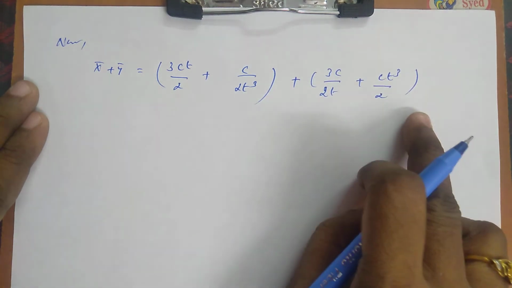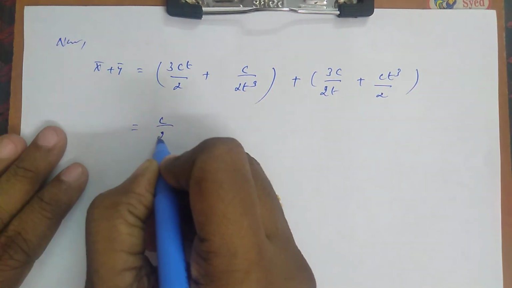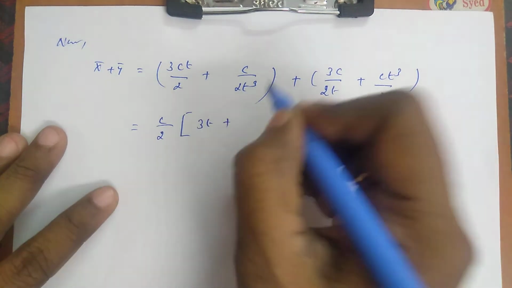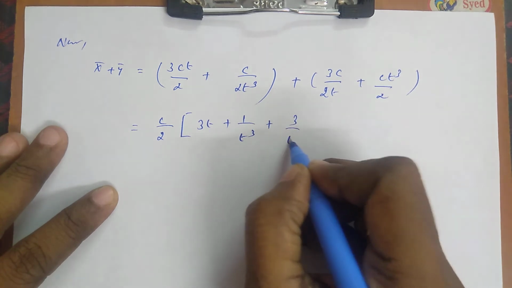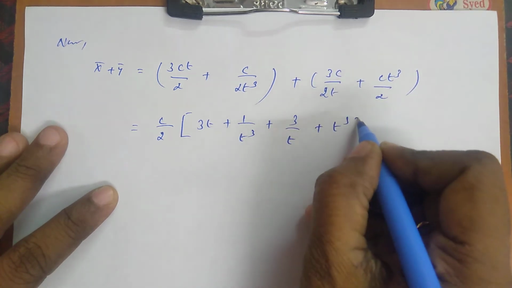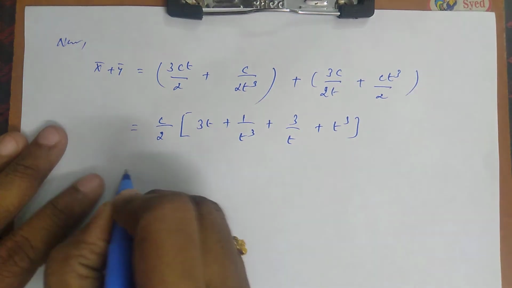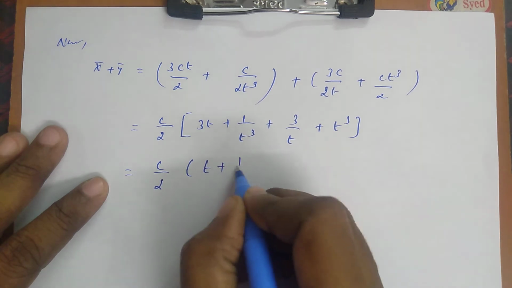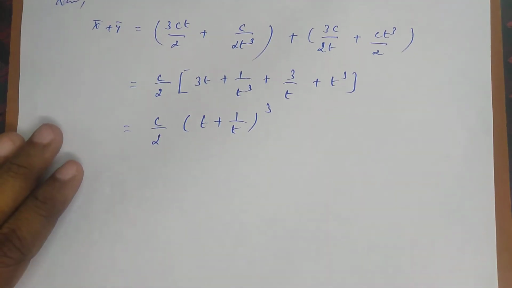So in all the terms we can take c by 2 commonly outside and write the remaining: 3t plus 1 by t cube plus 3 by t plus t cube. This is nothing but a plus b the whole cube. So that is c by 2 into t plus 1 by t whole power 3. So this is our x bar plus y bar.